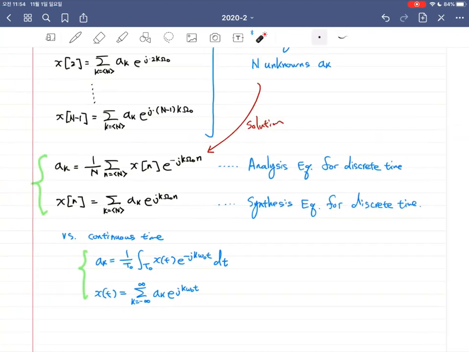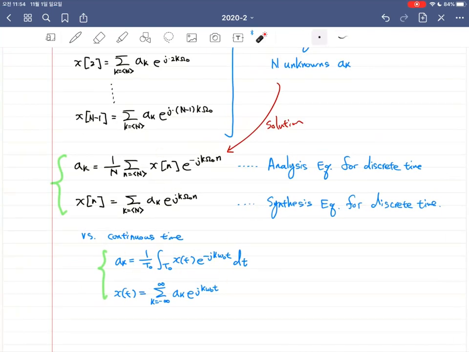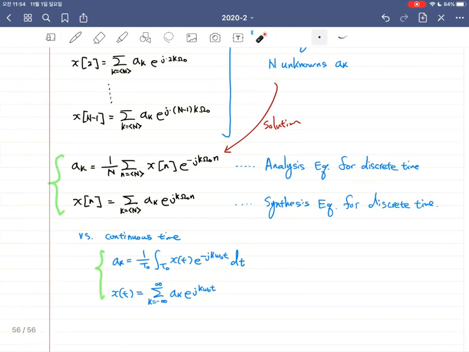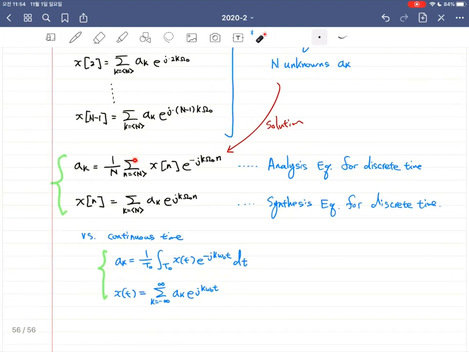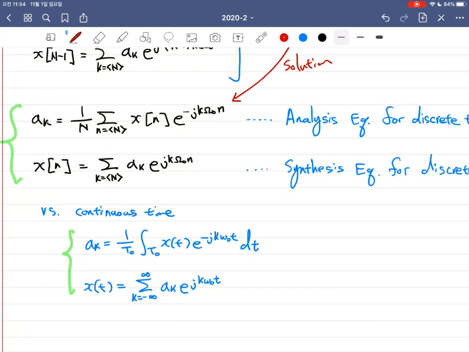If you compare the analysis equation for discrete time and continuous time, then we notice that you have this summation for discrete time. However, you have this integration for continuous time. That's the difference.